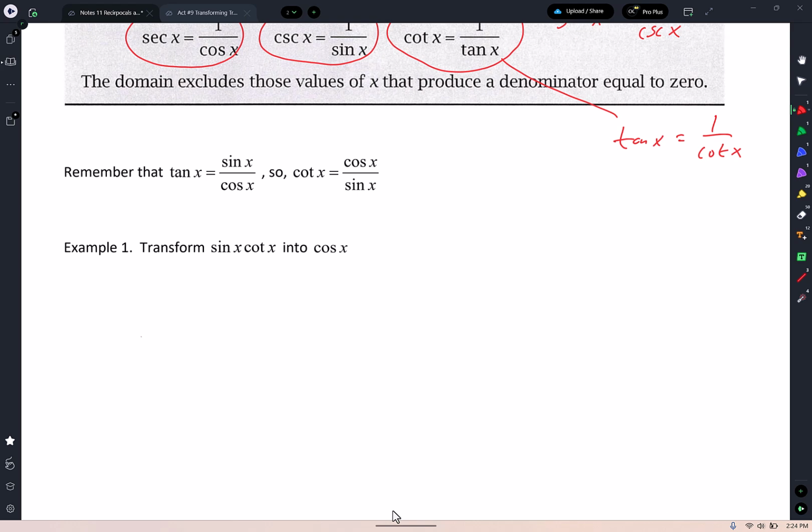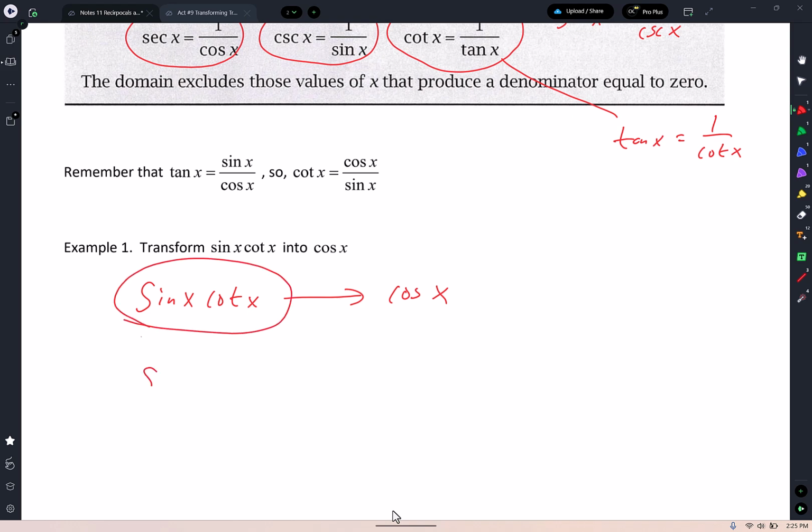That's all we're doing. So look what it says. It says transform sine x cotangent x into cosine x. So I like to write this: I want to say sine x cotangent x, and I want to transform that into just cosine x. Sometimes I put arrows, sometimes I put equal signs. It just depends. So I take what I have on the left, and here's what I do.